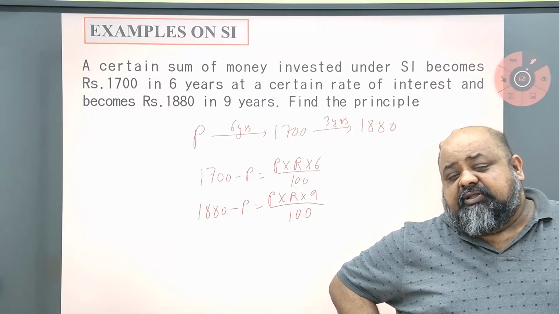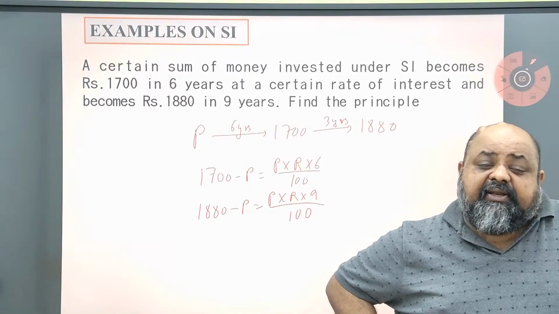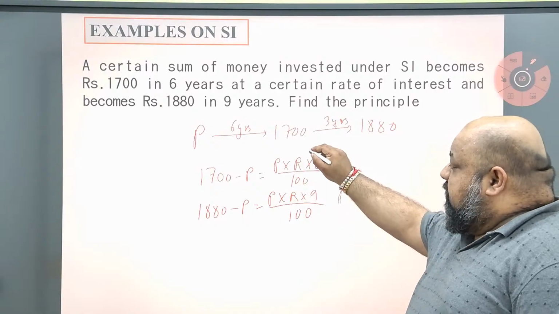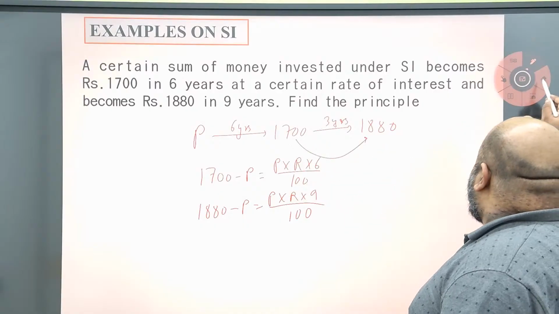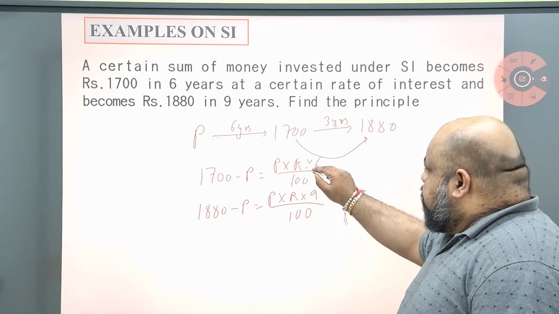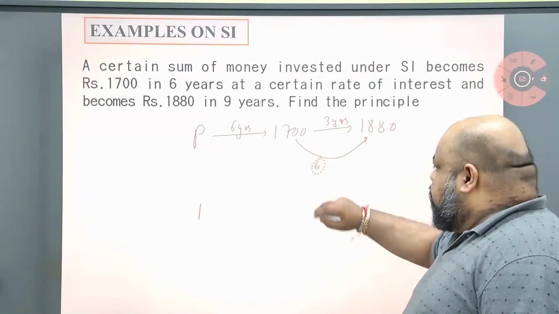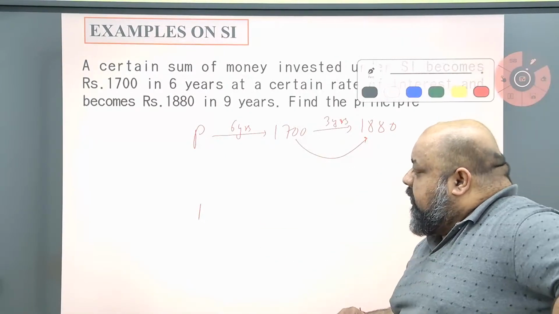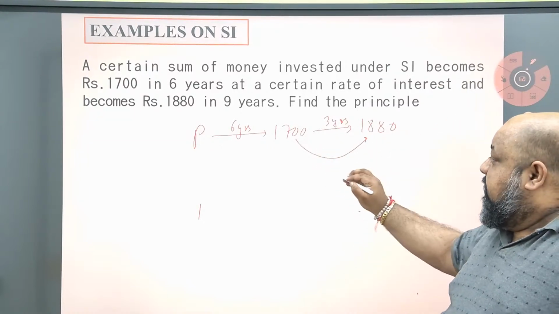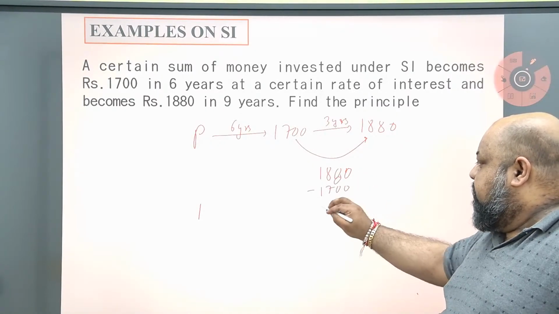We solve this question using the properties of SI, and the most basic property of SI was simple interest remains the same across each year. Now, if I look at the amount increasing from the 6th to the 9th year, if I look at the amount increasing over these 3 years, I see that there is an increase of 180 rupees.